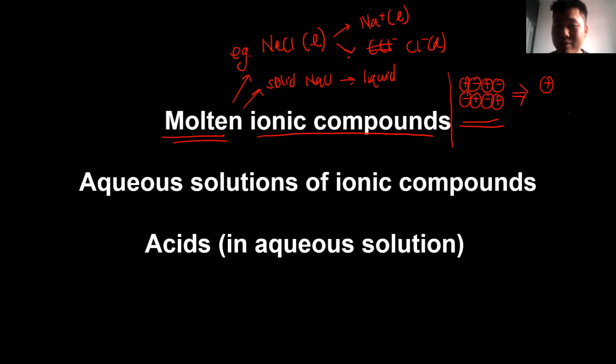We can expect to see the ions spaced apart, and they are mobile because no attraction holds them together. They can move around very freely, and that is why we can use molten ionic compounds as an electrolyte, because we have mobile ions.